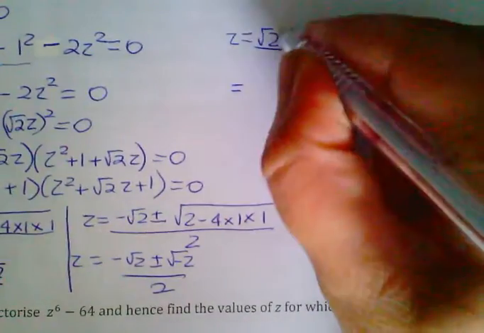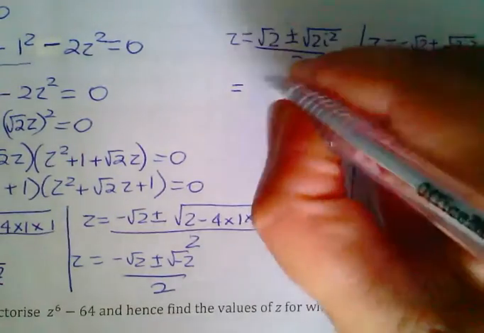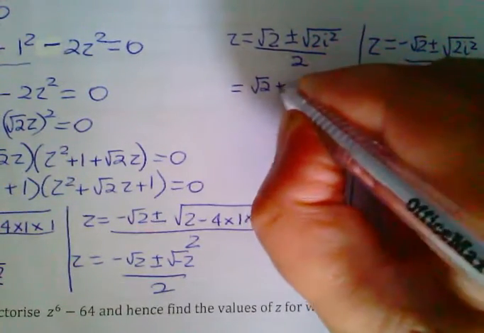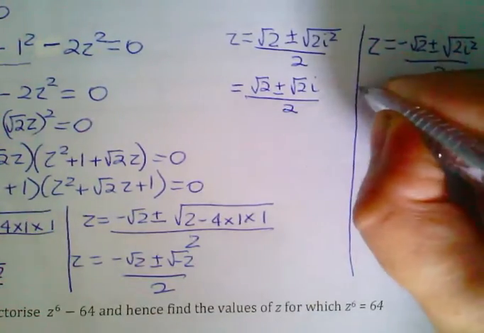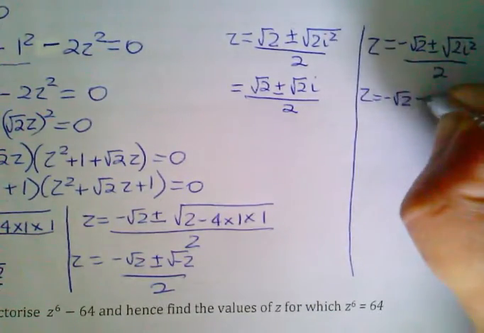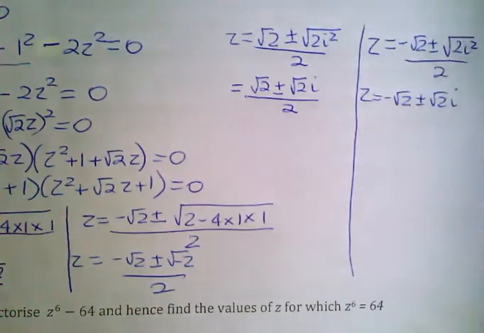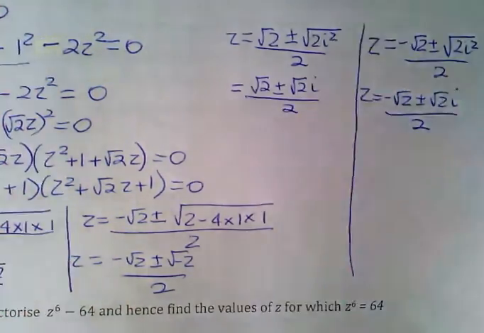So therefore, z is the square root of 2 plus or minus root 2i over 2, and this one is z equals negative root 2 plus or minus the square root of 2i over 2.